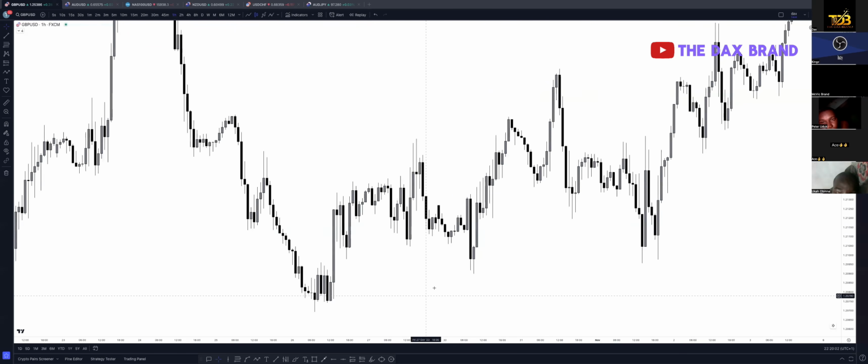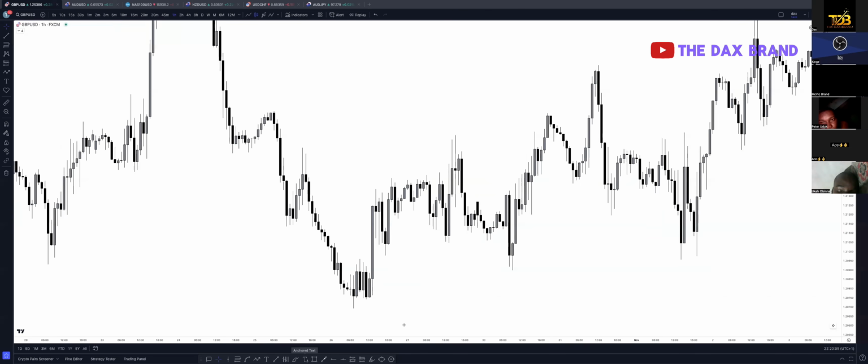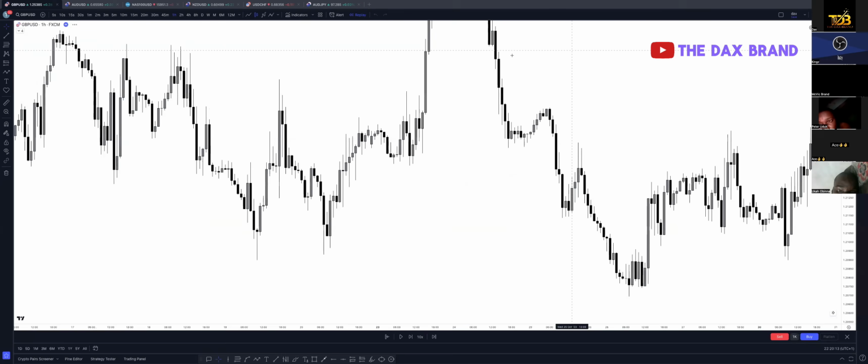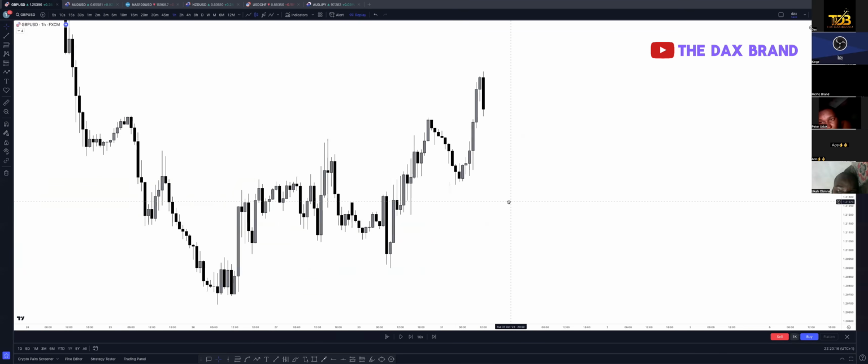What can we see here? Let's focus on this particular area. Let's cut price from here. Without too much stuff here, we can actually see that price did sweep this previous low here.